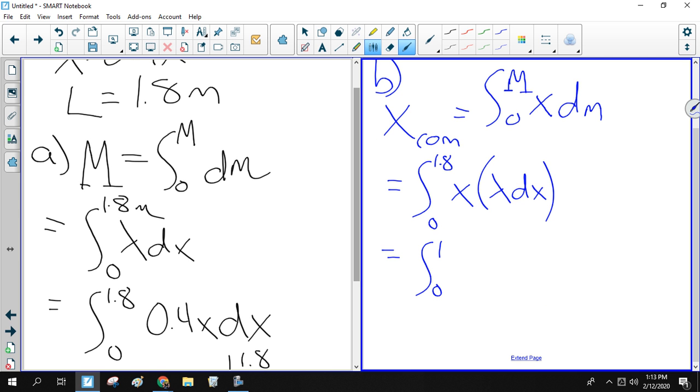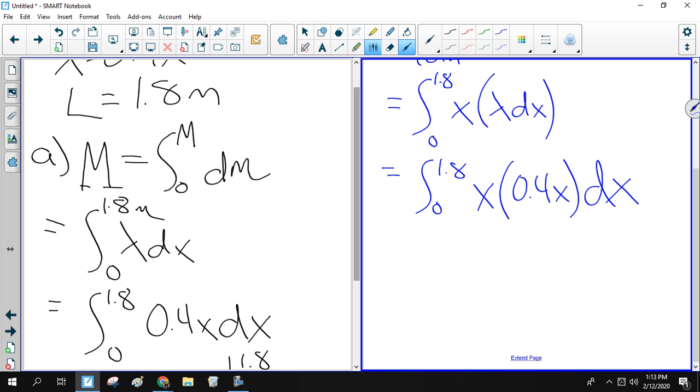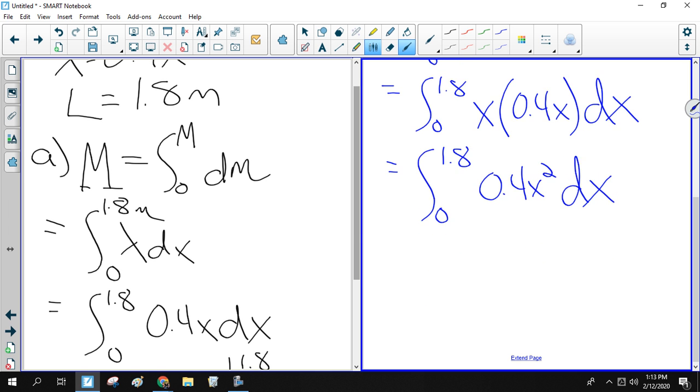It's the integral from 0 to 1.8 of x times lambda, which is 0.4x, dx. x times 0.4x is 0.4x squared dx. Take the integral. So we're going to divide by 3, right? So you get 0.4 over 3 x cubed from 0 to 1.8. Good? And solve that and see what that gives you.